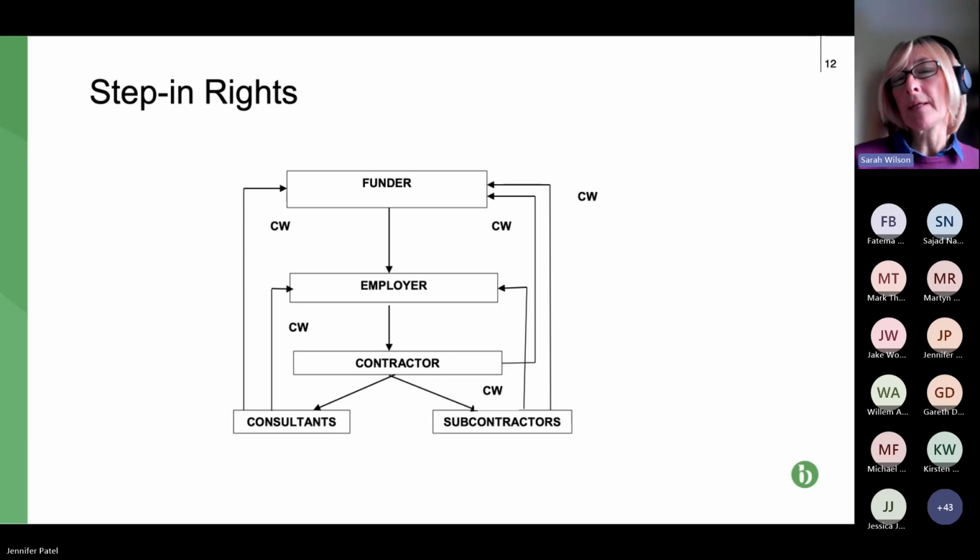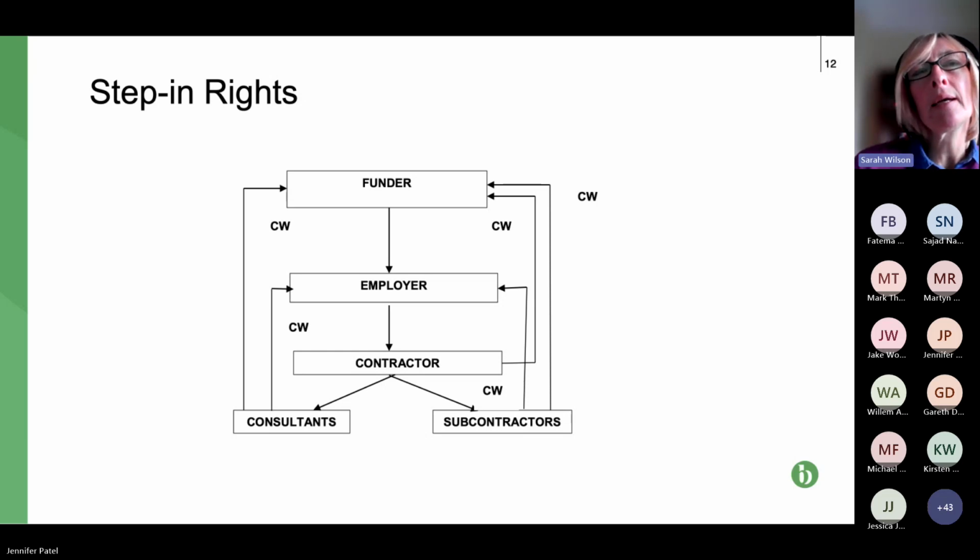If you remember, that's why we have a collateral warranty: what happens if, say, the contractor goes into liquidation partway through the project, so before completion, or even after completion? So collateral warranties are needed for both scenarios. The defect scenario that we've been talking about generally relates to after completion.